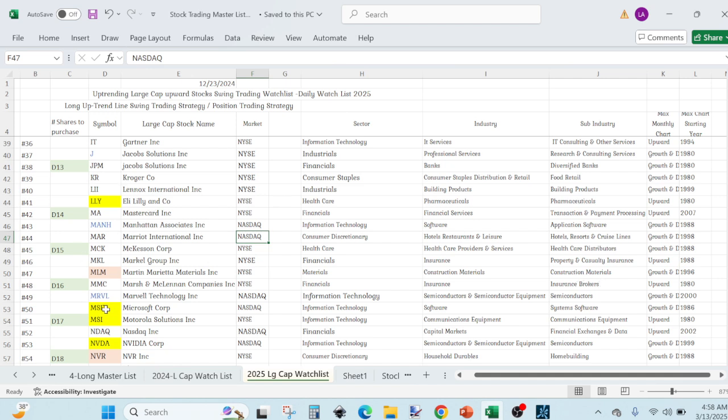And if you make a purchase and the price goes down and it becomes negative in your portfolio, you just leave it alone until it becomes positive for you to sell it. An example is Microsoft. We purchased Microsoft a while ago and it's negative in our account, but we just leave it there until it goes back up again, then we can sell it.